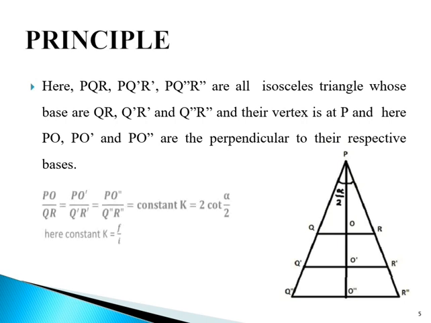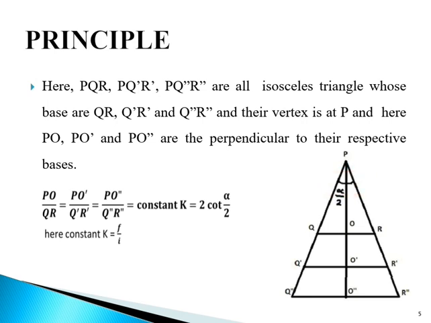Then if we talk about the equation, PO upon QR is equal to PO' divided by Q'R' is equal to PO'' divided by Q''R'' is equal to a constant, denoted by capital K. So our equation of K will be (1/2) cot(alpha/2), because our angle here is alpha by 2.